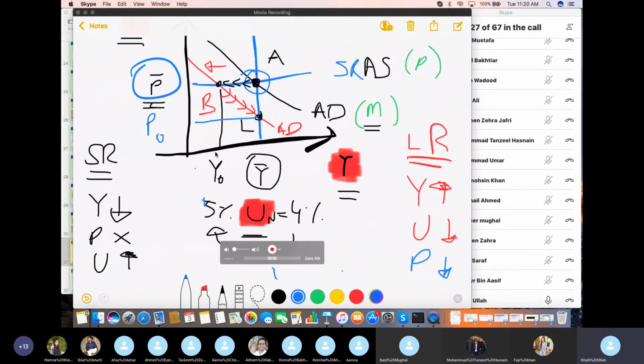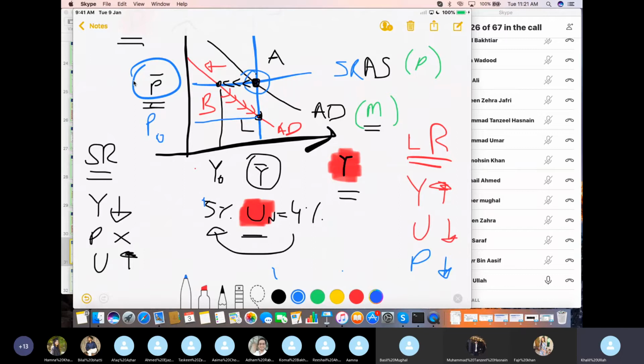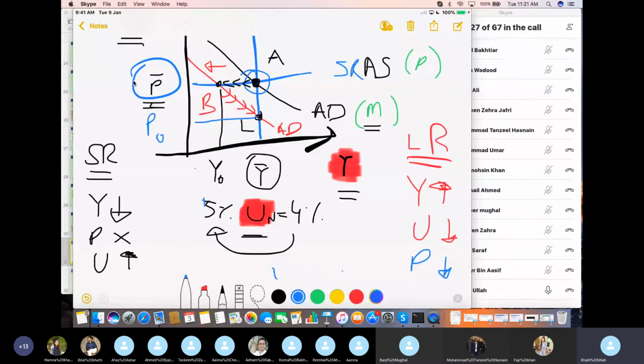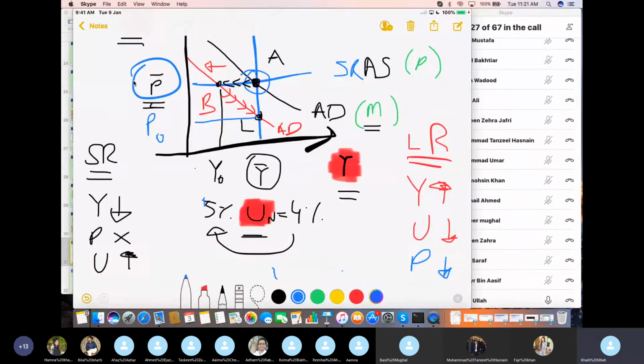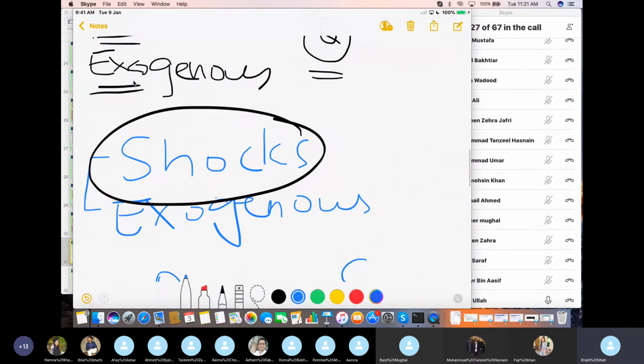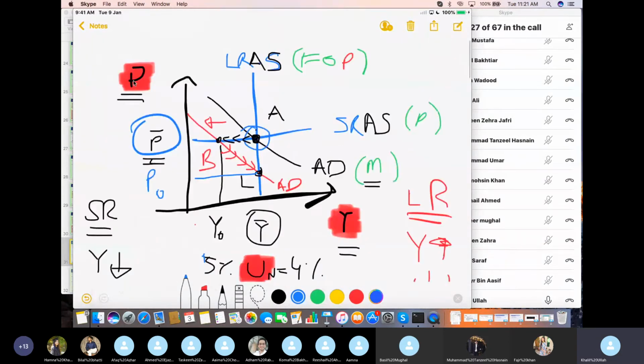When the economy moves from point A to point B, GDP falls, people lose their jobs. The price levels, however, remain constant. So I lost my job because of this shock, but at least things were at a certain price level. Price level was the same in the short run. In the long run, things became cheaper, right?